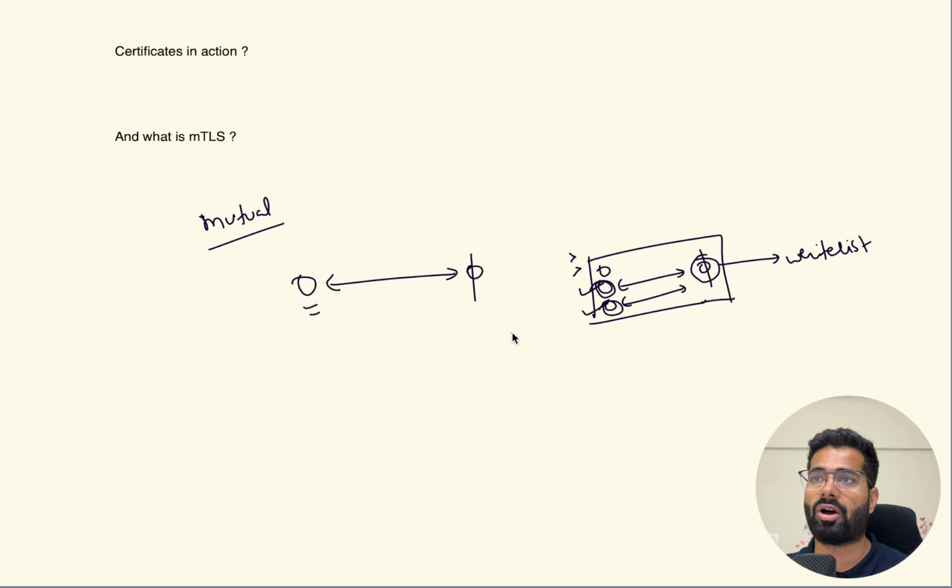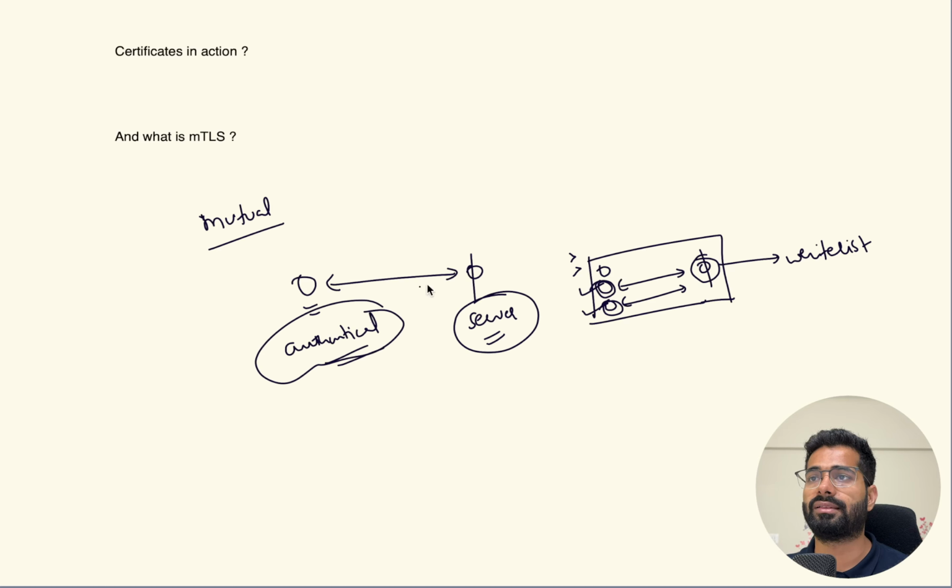In a similar fashion to how the servers authenticate themselves, the clients also establish their authenticity, that they are who they say they are. Once the server knows this is actually the client that wants to talk to it, that it is not fake, and that this client is allowed to talk, they can establish a TLS connection. So both the server and the client authenticate themselves and establish the TLS connection, and that is why it's called mutual TLS.